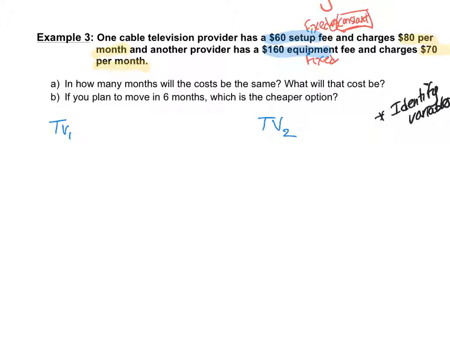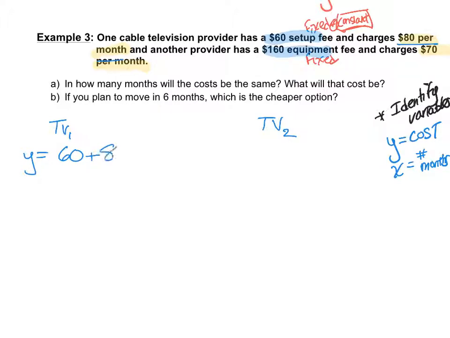Television provider number 1, your cost, so let's say that Y is your cost because it depends on X, the number of months. So provider number 1, the cost is equal to the $60 flat fee plus the $80 per month.